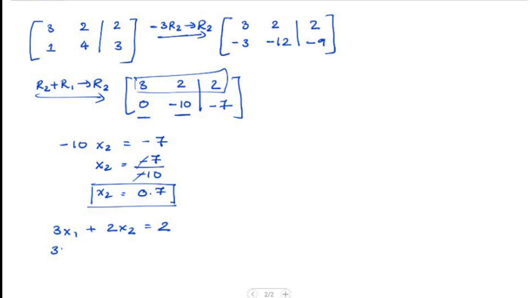So 3 times x1 is equal to 2 minus 2 times x2, where we have the value of 0.7. Calculating, 2 minus 0.7 times 2 is 0.14, and the 3 that was multiplying will come and divide here, so the value for x1 is equal to 1.86 divided by 3.